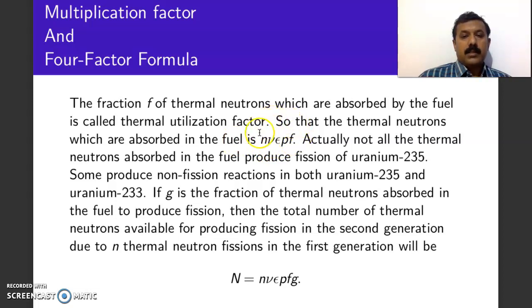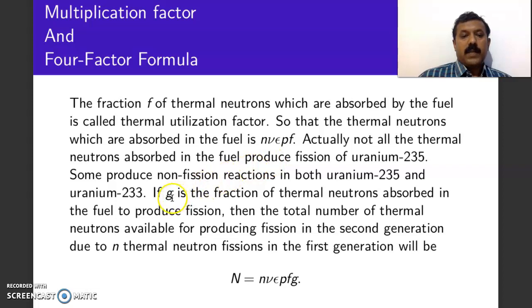And even though these neutrons are absorbed by uranium-235, all the uranium-235 nuclei will not undergo fission, because some of them could be non-productive. That means they produce a non-fission reaction.